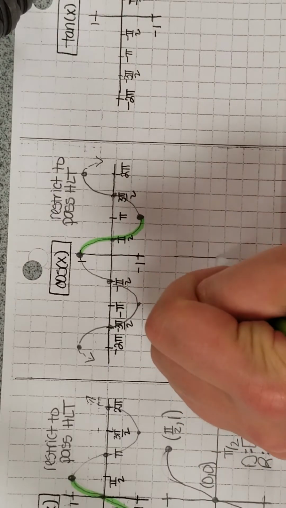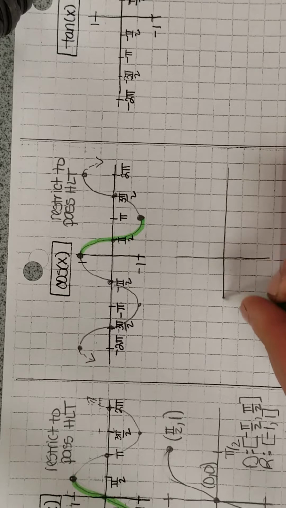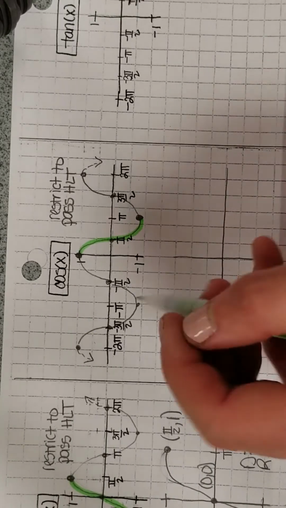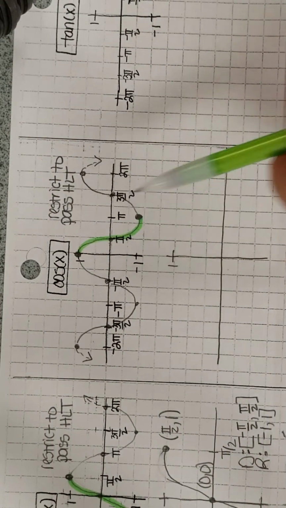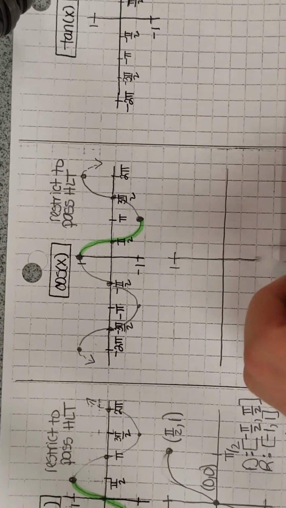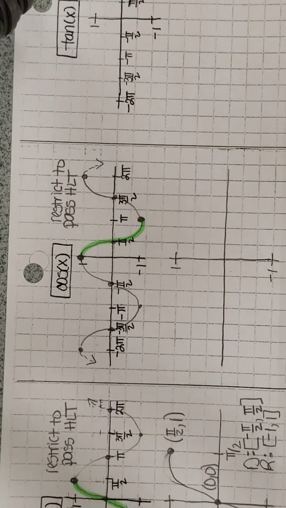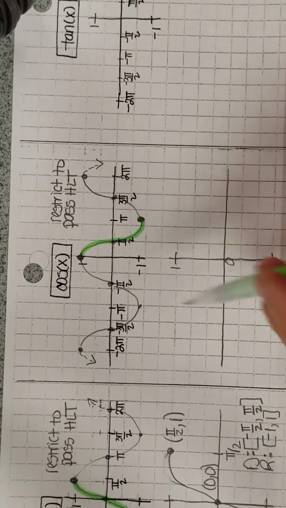So let's pull out that restricted piece. So it's going to go from 1 to -1. And then it's from 0 to pi.